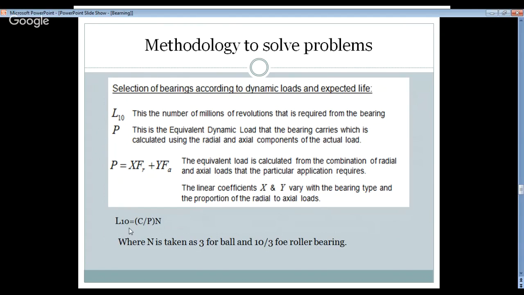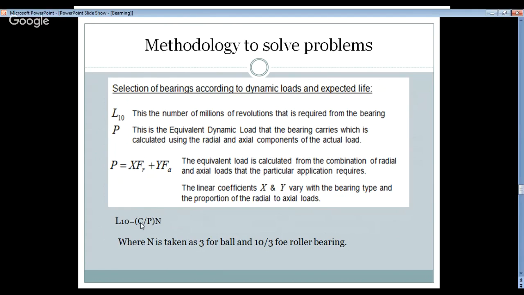Next, L10 is equal to C upon P to the power n. That formula is used for the selection of the bearing. If the life of the bearing is given for a given load, we can easily calculate the value of C, which is the dynamic load carrying capacity.